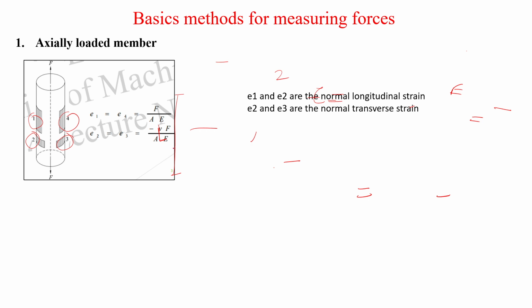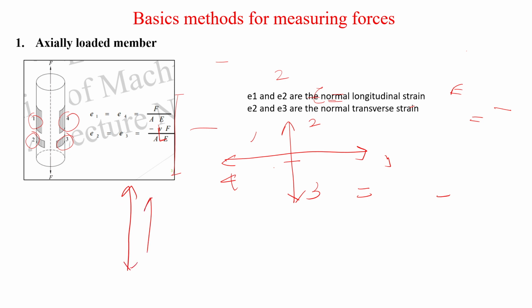So we have strain gauges attached in two directions. Two are in the longitudinal direction, which are 1 and 4, and two are in the perpendicular direction, which are 2 and 3. It is not looking like that, but actually it is placed in that direction only. For 1 and 4, it is on the same direction as the force, right? The force is also acting longitudinally, and in this direction we have 1 and 4. So the formula of strain would be the same, F by AE.